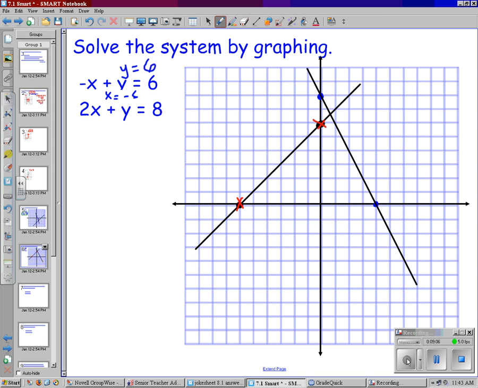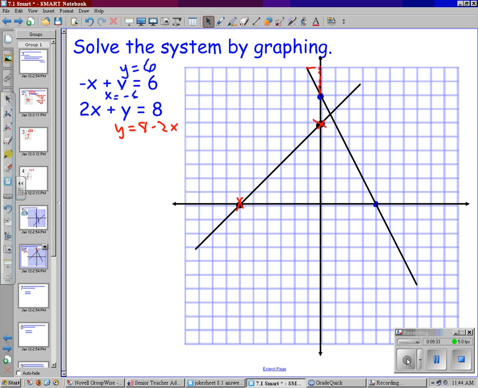Gotcha. And I believe that's how Josh did the second one as well. But then I reminded him that if you were looking at it in terms of slope intercept, that's why I had him go up a little bit higher and to start a little bit further than just from dot to dot. All right, now that we've got Natalie taking care of and graphing these, what's the solution?